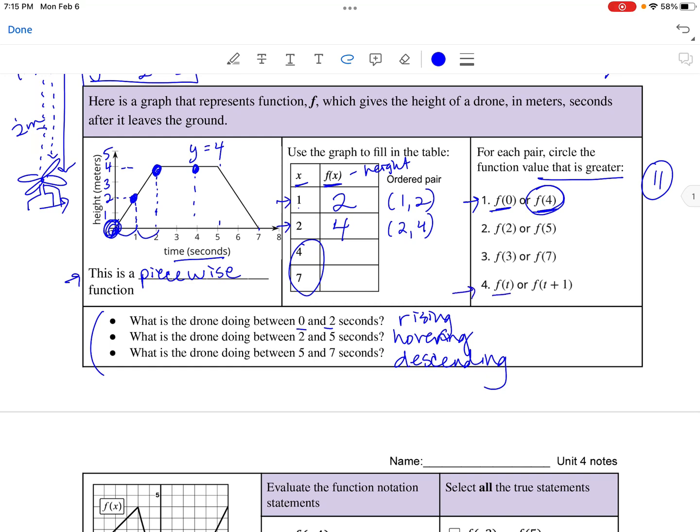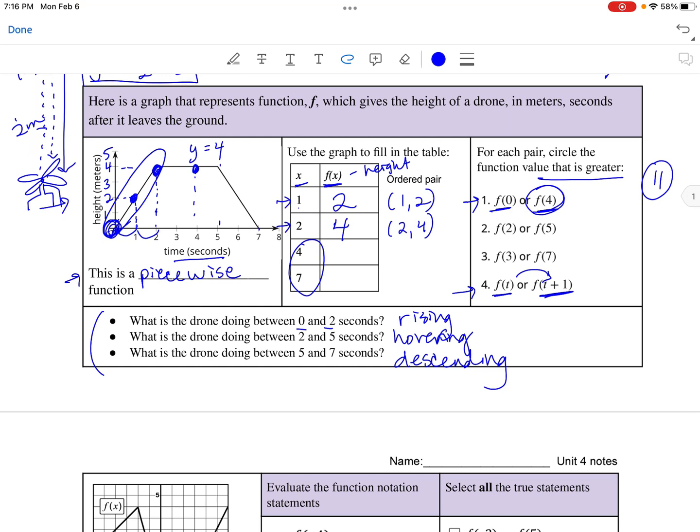Now let's look at this one, f of t or f of t plus 1. t is time, so t plus 1 is 1 second later. Would we say that the drone is always higher 1 second later? Is it continuing to go up and up? Well, that's true for this piece of the function. 1 second later, it's always higher.